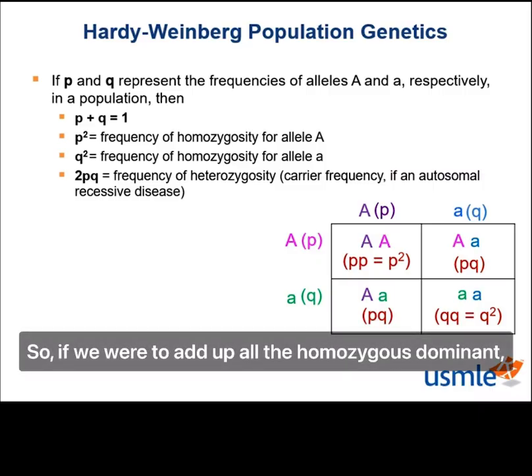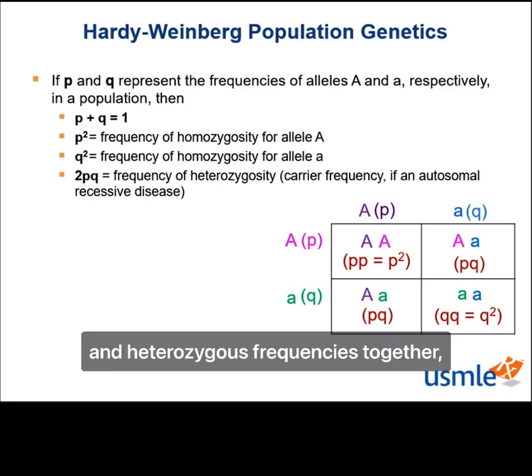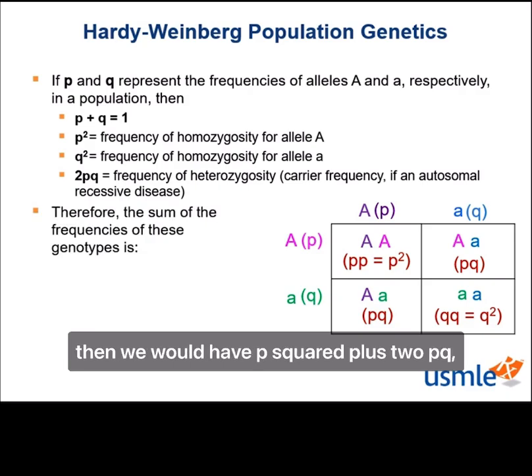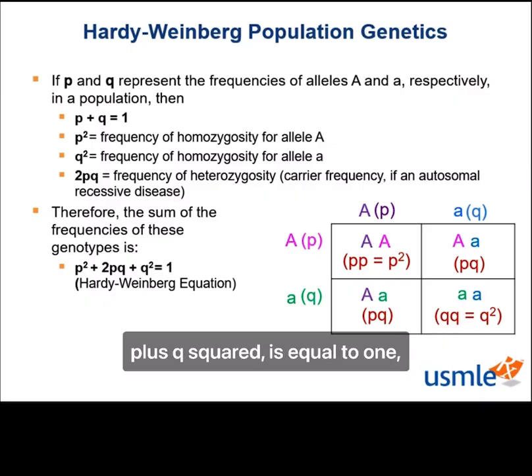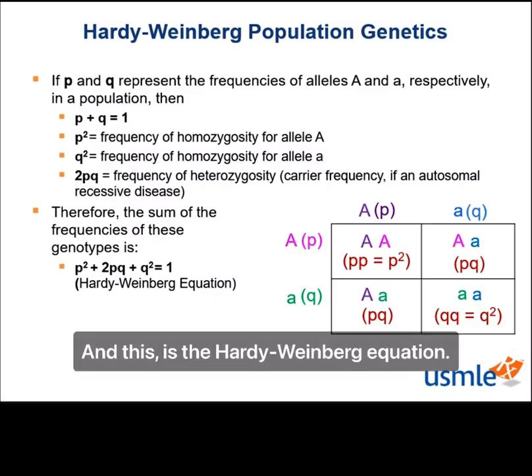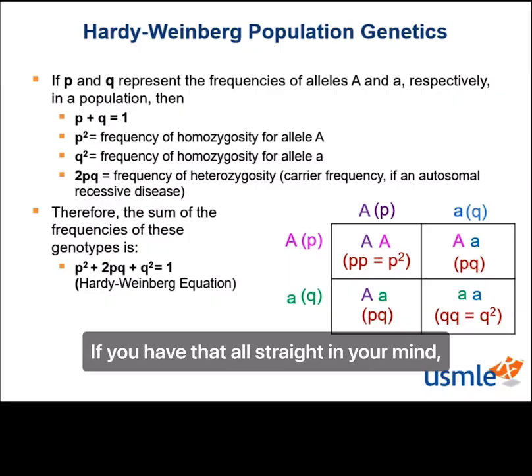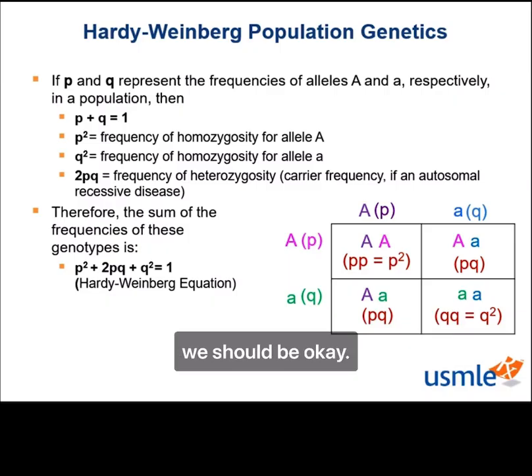So, if we add up all the homozygous dominant, homozygous recessive, and heterozygous frequencies together, we have P squared plus 2PQ plus Q squared equals 1, or 100% of the population. And this is the Hardy-Weinberg equation. If you have that all straight in your mind, we should be okay.